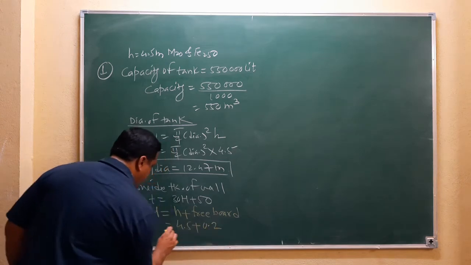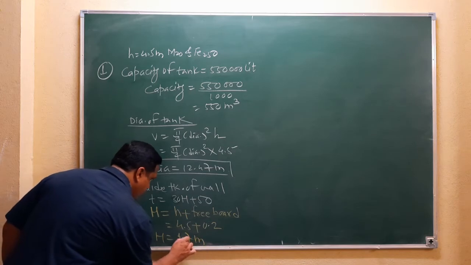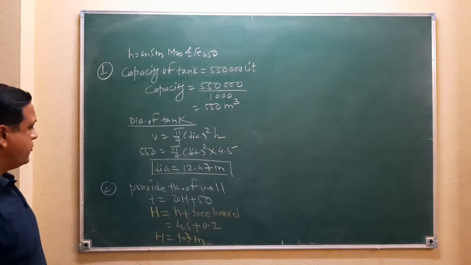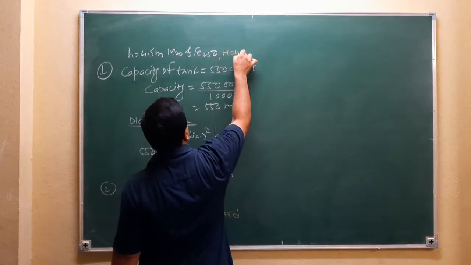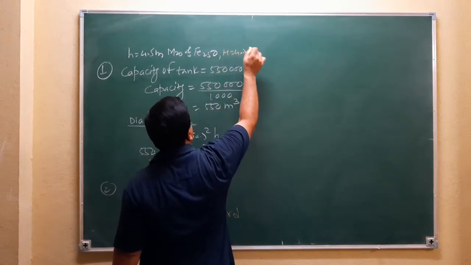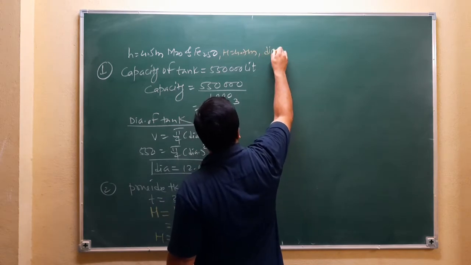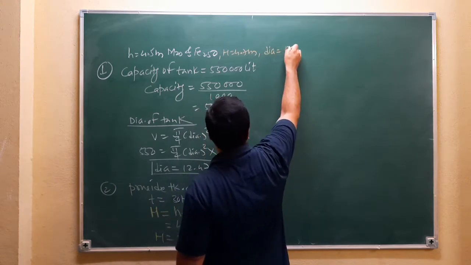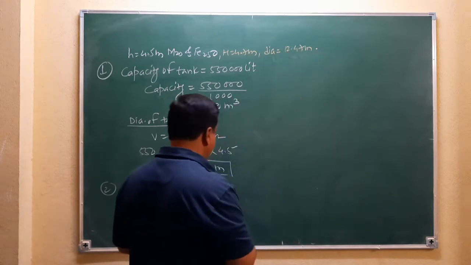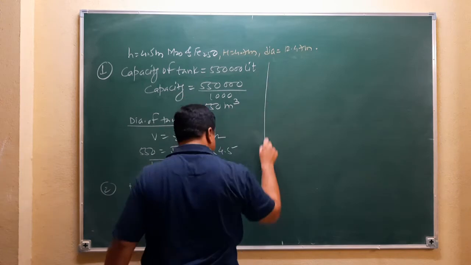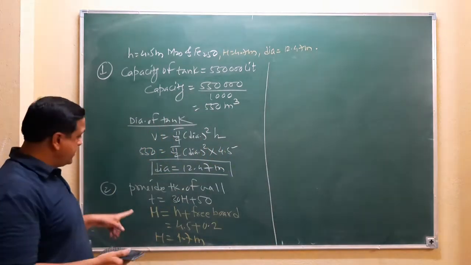Assume freeboard 0.2, so capital H is 4.7 meter. I will write here capital H is equal to 4.7 meter, and the diameter of the tank is 12.47 meter. If we require these values in further steps, I will use them.